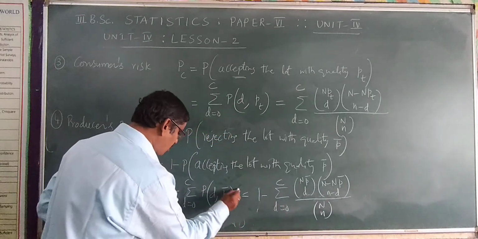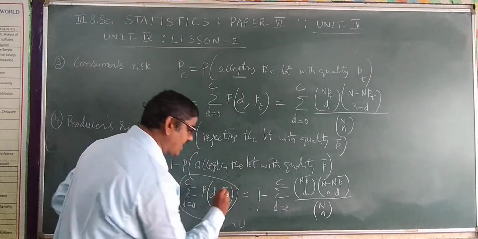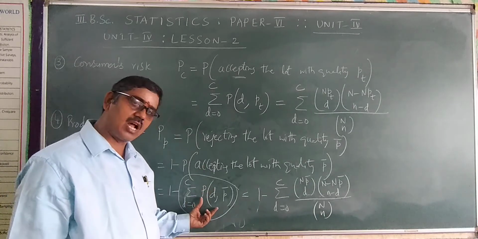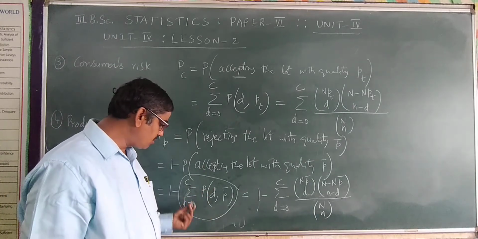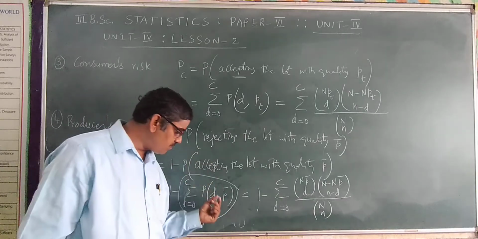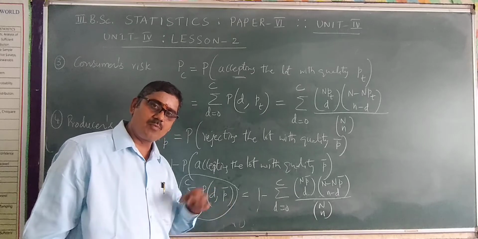This is the formula of the probability of accepting the lot, summation d is equal to 0 to c probability of d comma p. In the place of p we have to replace p bar. Hope you understand.